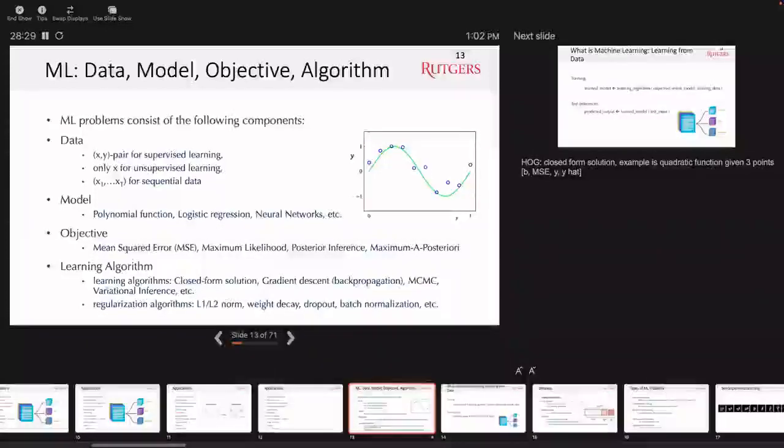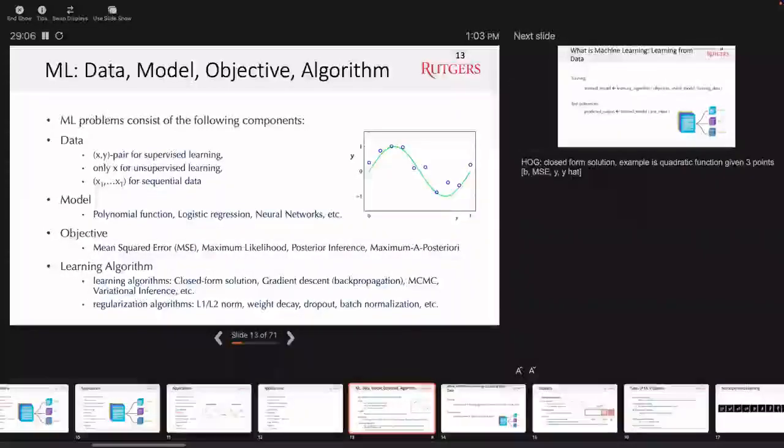One key point is that deep learning is getting more and more popular compared to traditional machine learning. Of course, one of the reasons is that deep learning has a very, very large model capacity. The other key reason is that in deep learning, especially purely neural network methods, the learning algorithm becomes very, very simple.